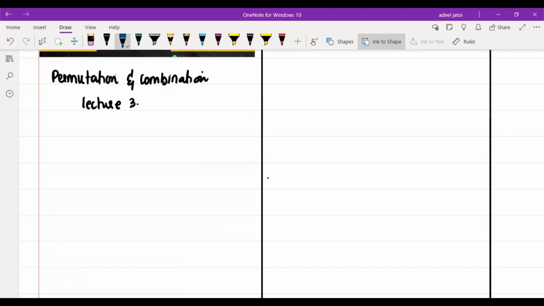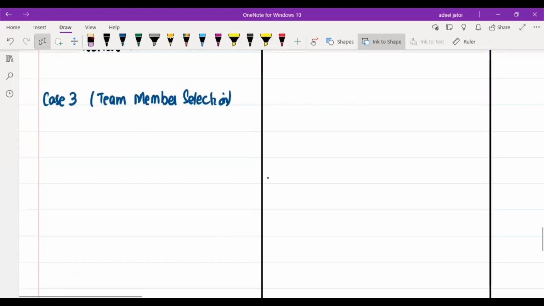So, your case 3 is team member selection. Now, when I say team member selection, let's say that we have 6 men and 4 women.